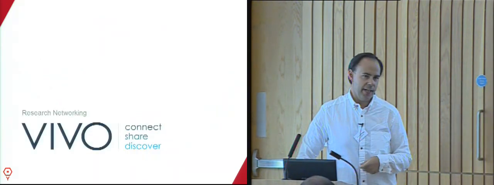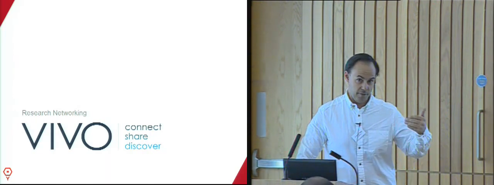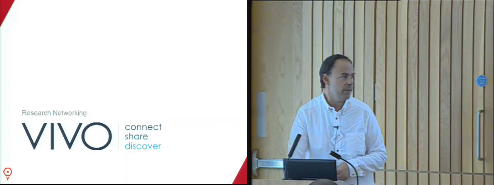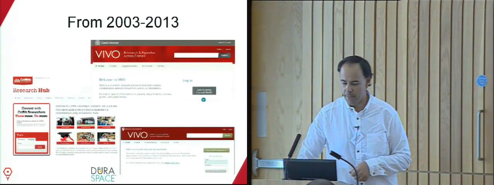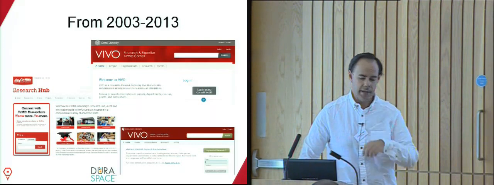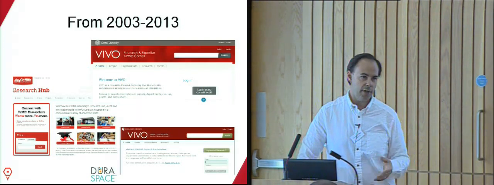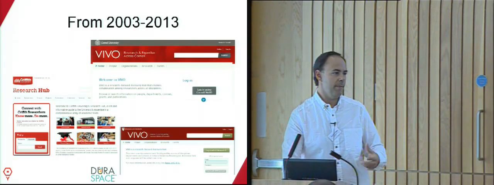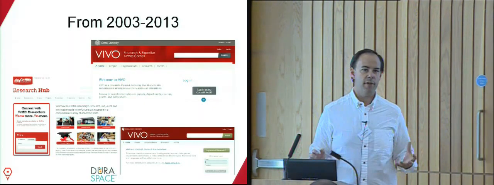One solution is to use another system for presenting a different layer, a different view of the research in your institution. One system is VIVO, a research networking system. It's been around for about 10 years, developed out of Cornell. About 4 years ago, they got large funding from NIH to develop this as a broad countrywide network.